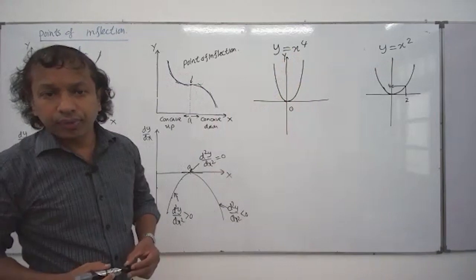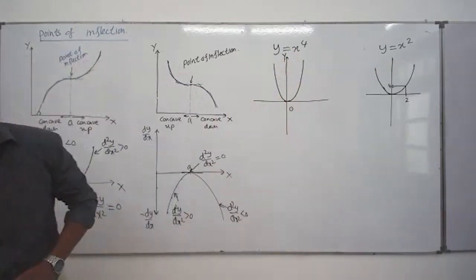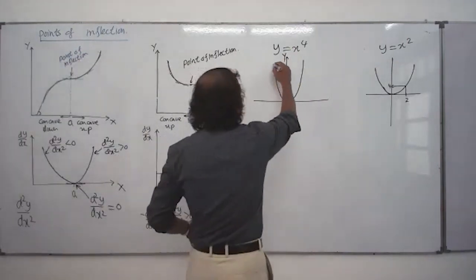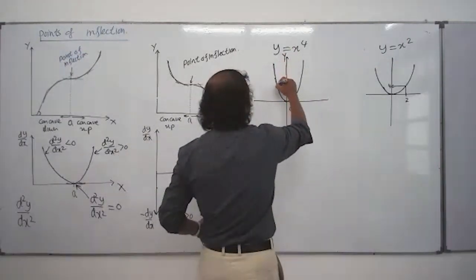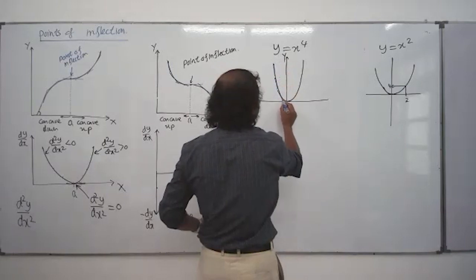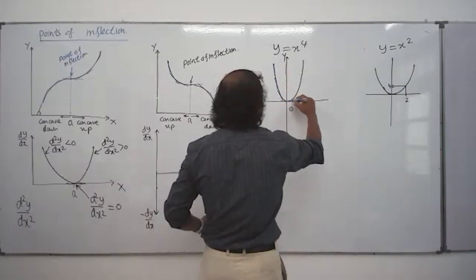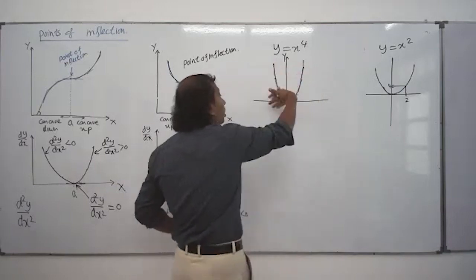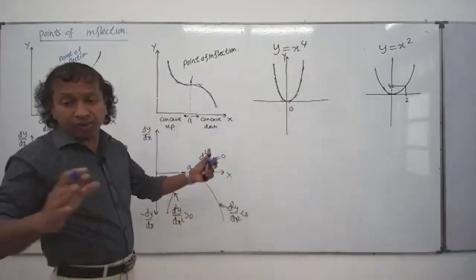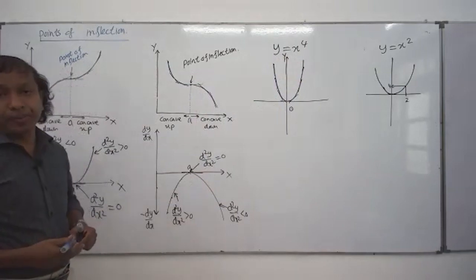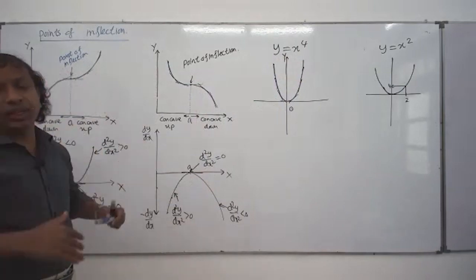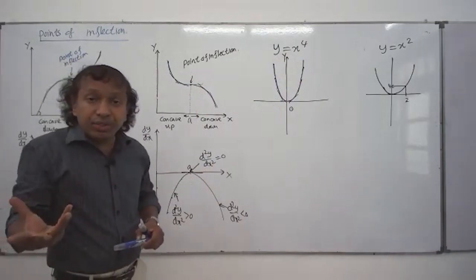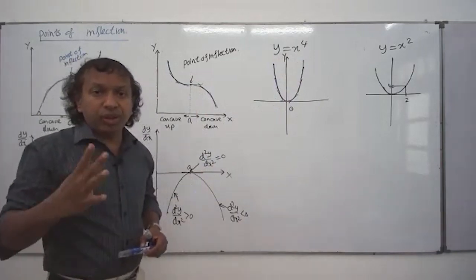Furthermore, when we construct tangents, the whole graph is concave up. The graph lies above the tangents. You can see no change of concavity throughout the graph.